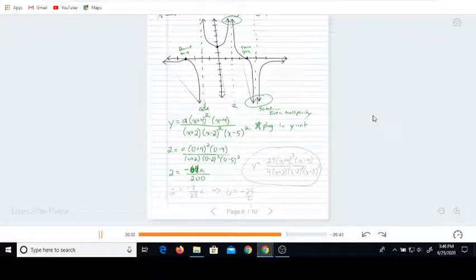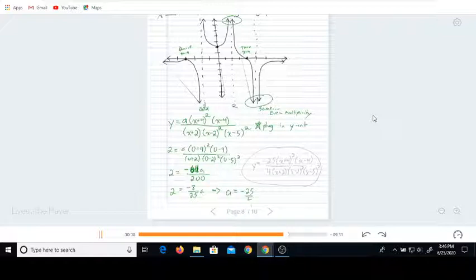All right. So 2 equals, let's go ahead and reduce that. It reduces down to 8 over 25. So therefore, that implies our leading coefficient equals negative 25 over 4.